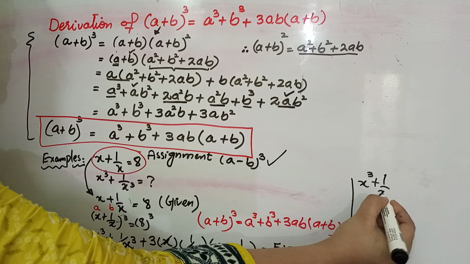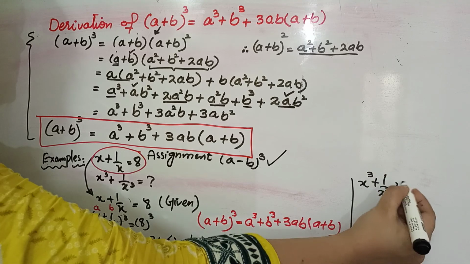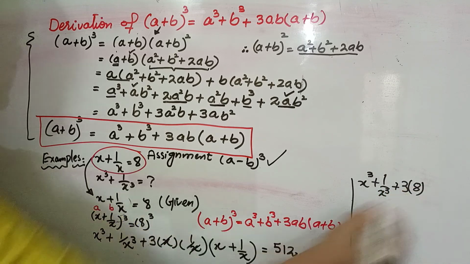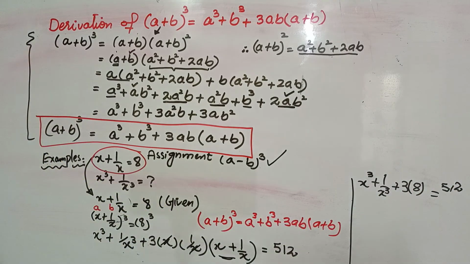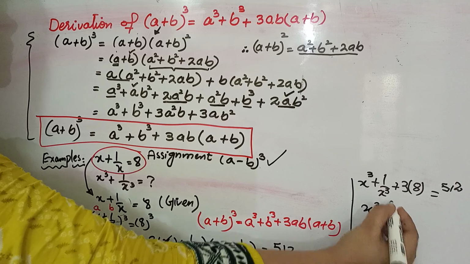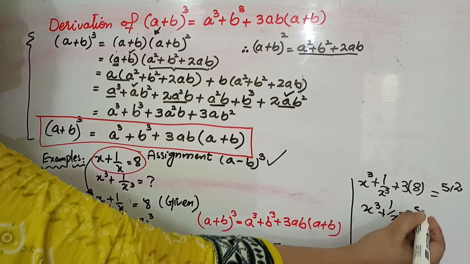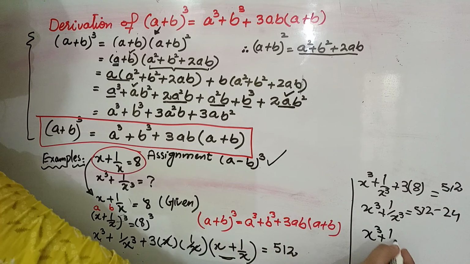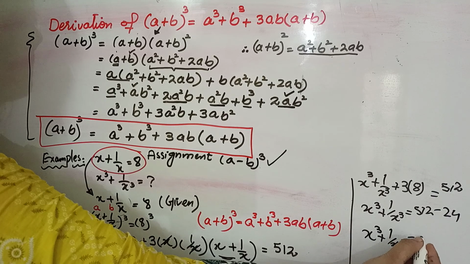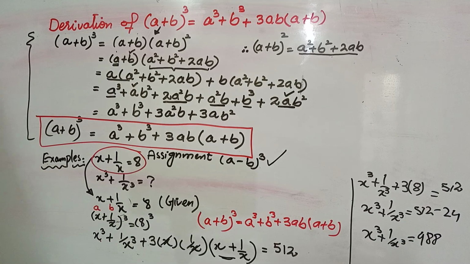Now x^3 + 1/x^3 is equal to 512 minus 24, and that is equal to 488, and that is the requirement. So simple.